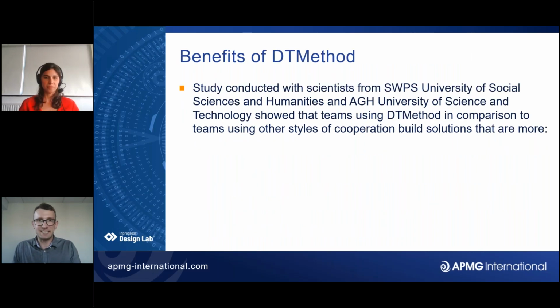We've conducted a study with scientists from two well-known universities, SWPS University of Social Sciences and Humanities and AGH University of Science and Technology. During the study, the participating teams were creating solutions for the Ask Challenge.